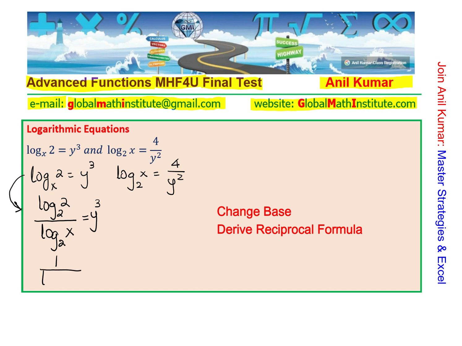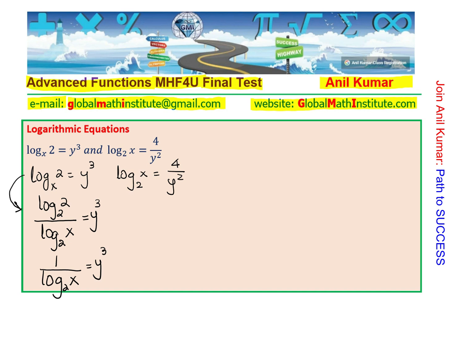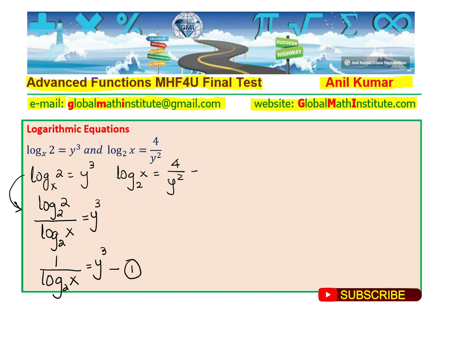And so we get 1 over log to the base 2 of x equal to y cubed. Now, here we have log to the base 2 of x as 4 over y squared, correct? So let's call this equation number 1 and the other one equation number 2.